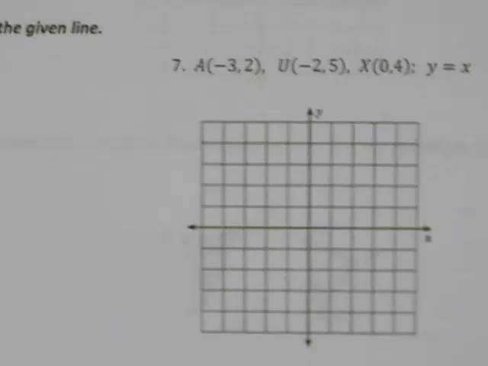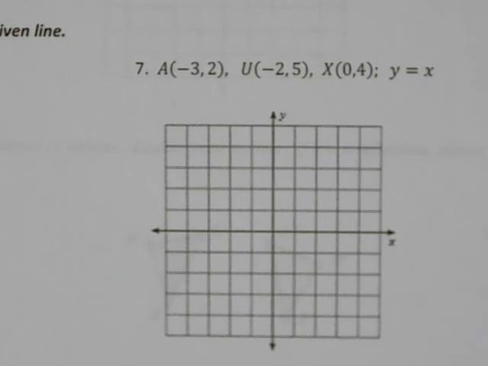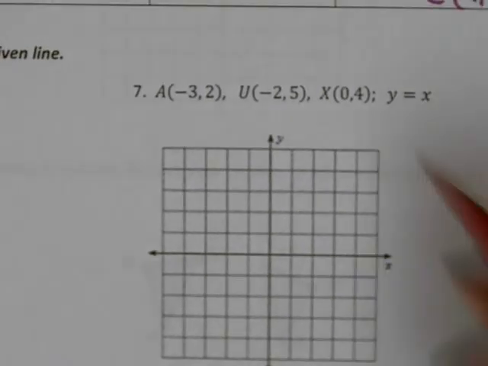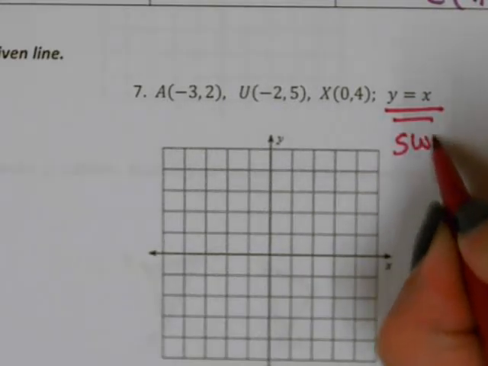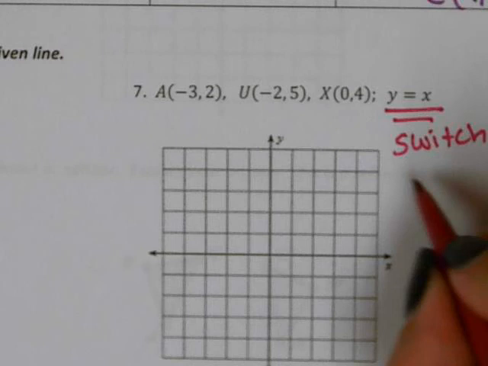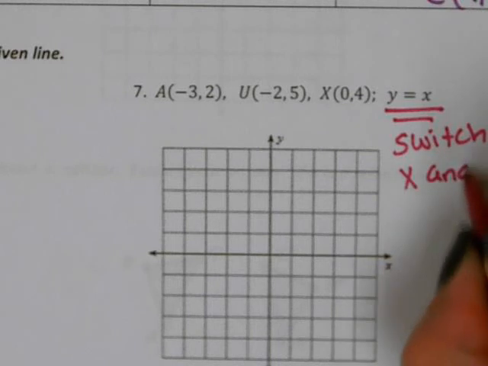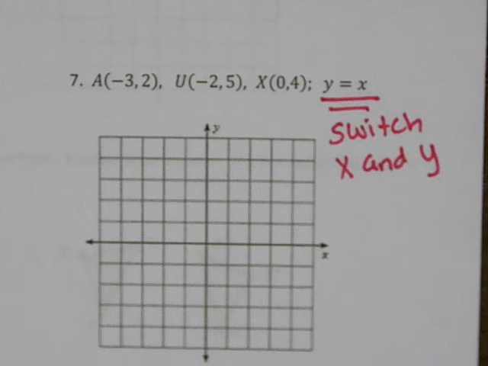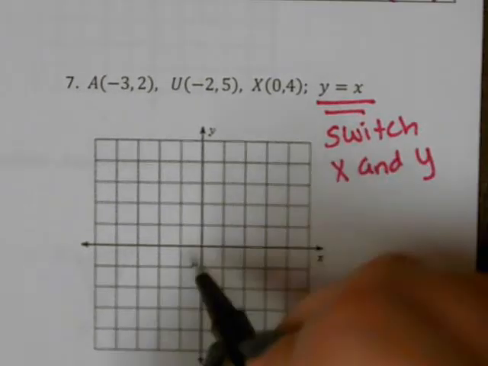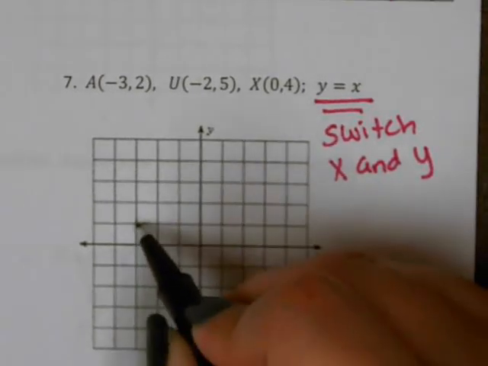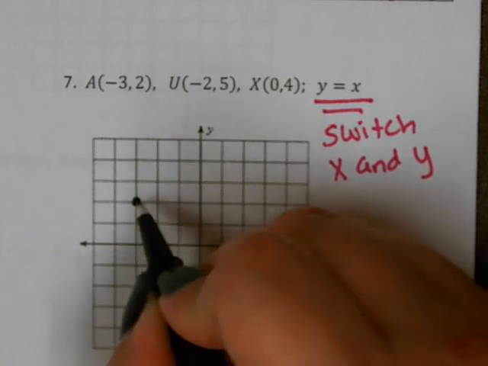For question 7, we've got A, U, and X, so we have another triangle, but now we're reflecting across the line y equals x. So this is a lot like the last one that we just did. We're going to switch x and y on all of these points. All right, so draw your original figure. Negative 3, 2 is right here.